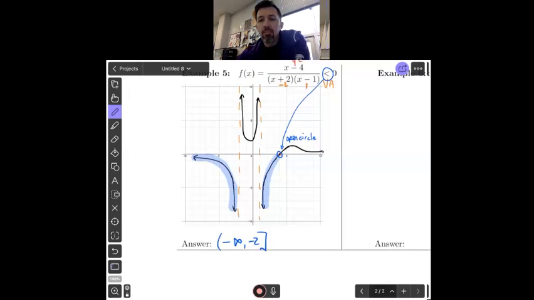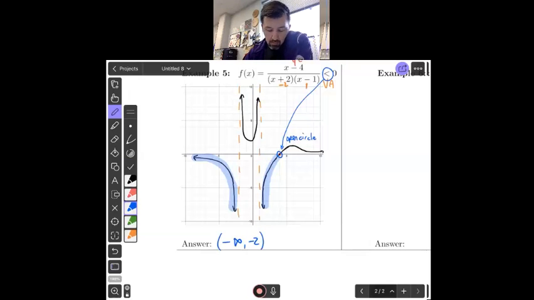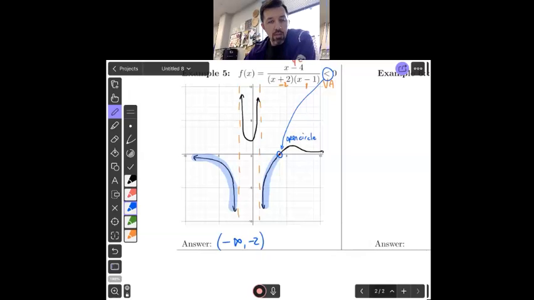What's wrong with that? Why'd you need to change that, Maddie? Because it never actually reaches -2. Great. Yeah, it never actually reaches the asymptote.